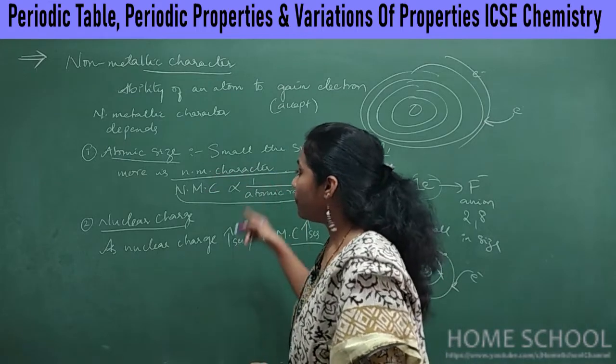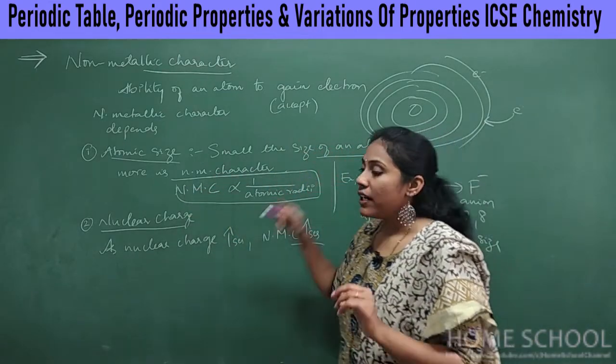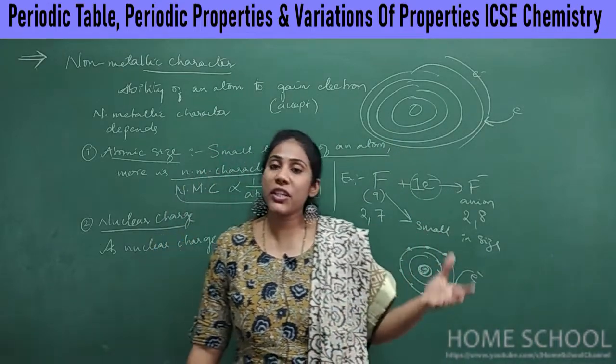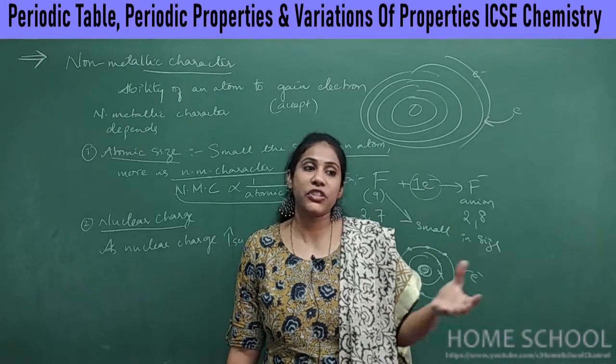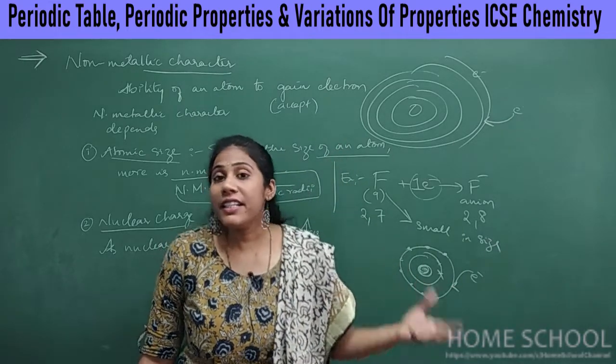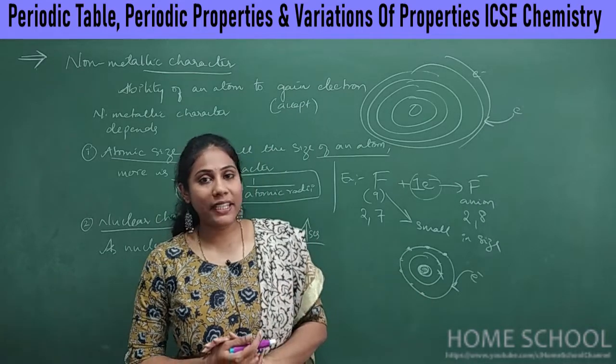And a very important point is definitely this one. They'll give you different elements and ask which is most non-metallic, which is least non-metallic, or to arrange them in increasing or decreasing order of non-metallic nature.